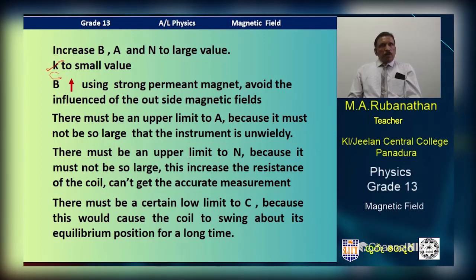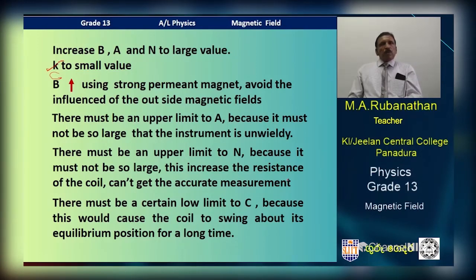When we use a strong permanent magnet, we can avoid the influence of the outside magnetic field. Because normally we place the moving coil galvanometer in the earth's field, no?